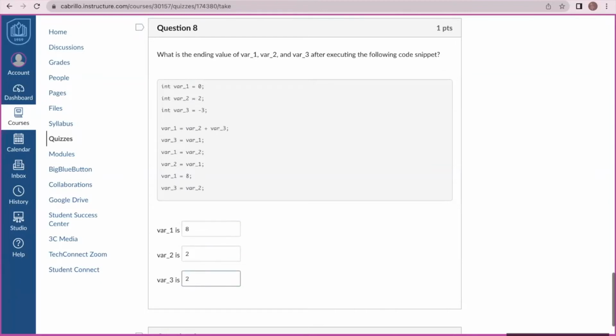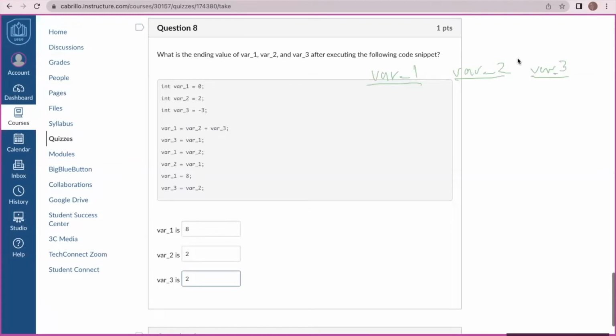This is good tips for your test too. Var 1, and I'll make a tally, var 2, and var 3, because you will be allowed to have paper. And your tests aren't for a while, so don't worry, but I'm just prepping you guys in advance.